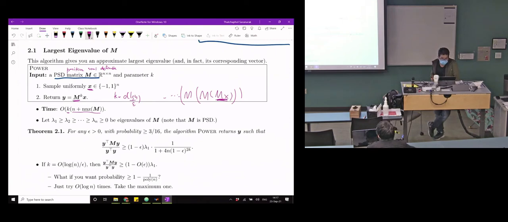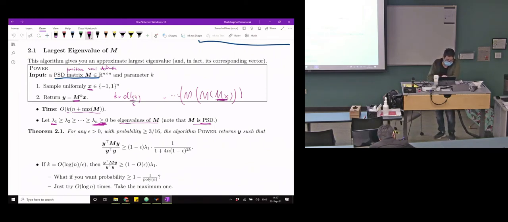And now let's just analyze it. Let me rewrite things a bit by saying that lambda 1 is the biggest eigenvalue of M. Everything is at least 0 since M is PSD, right? Okay.